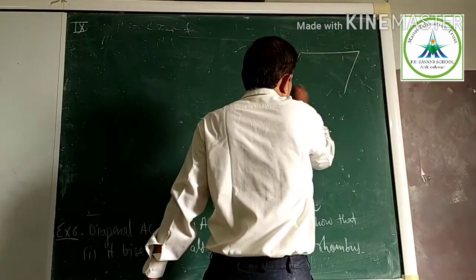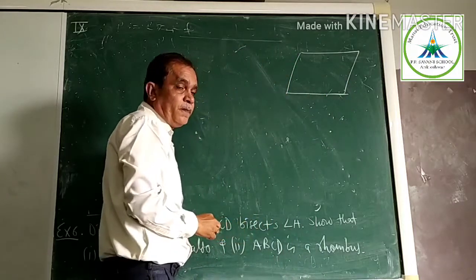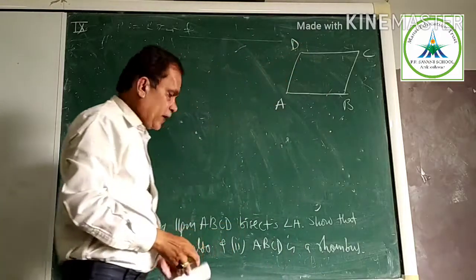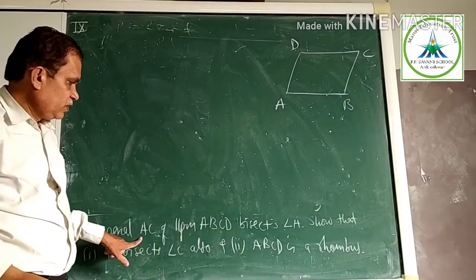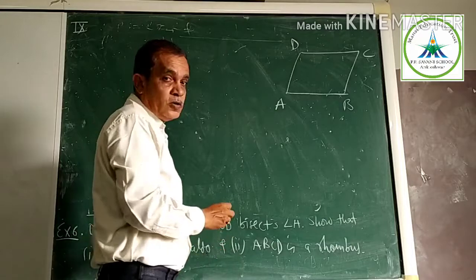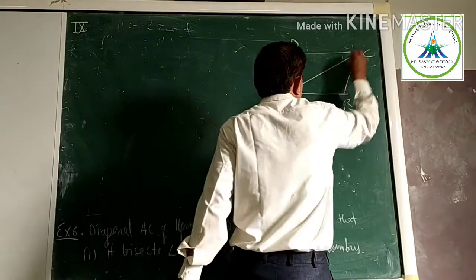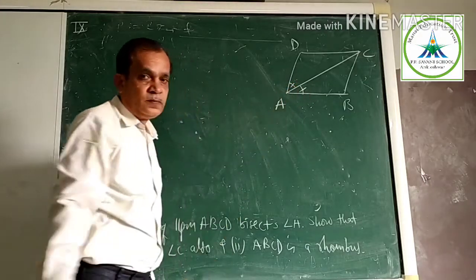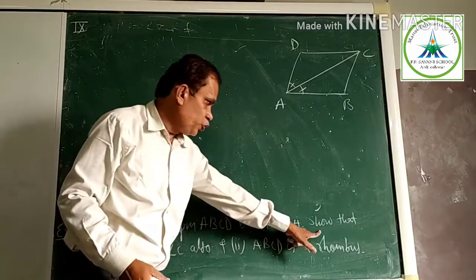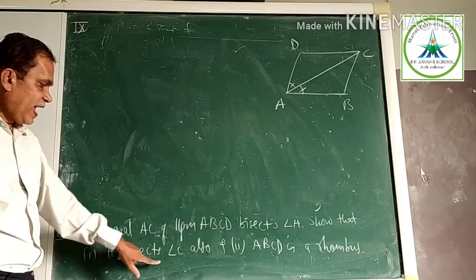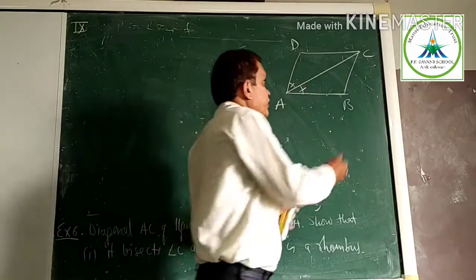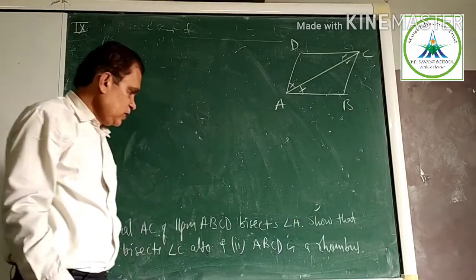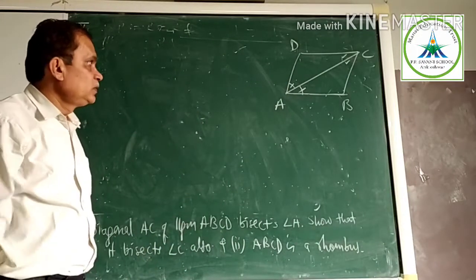Okay, diagonal AC bisects angle A. So draw diagonal AC. It bisects angle A. This angle equal to this angle. Yes or no? Then it asks to show that it bisects angle C also. Then show that this angle equal to this angle. Right? Let us do that first.